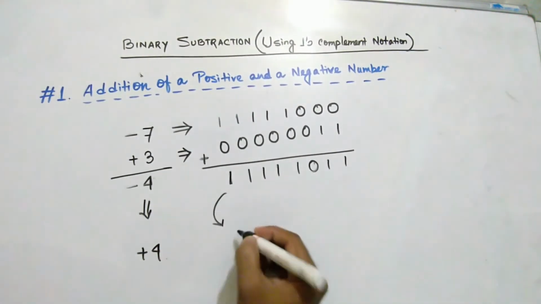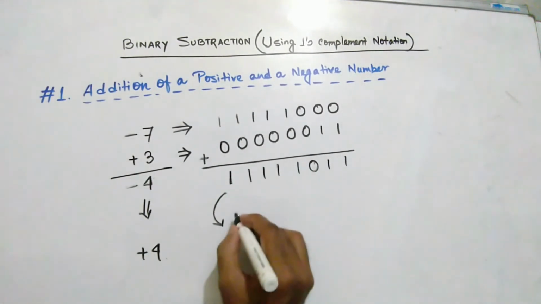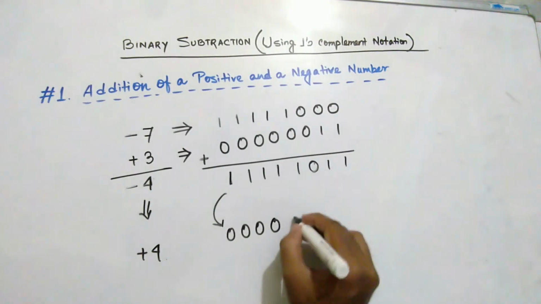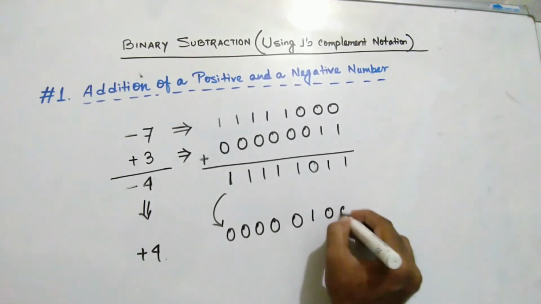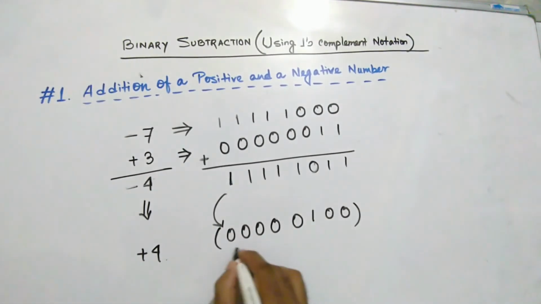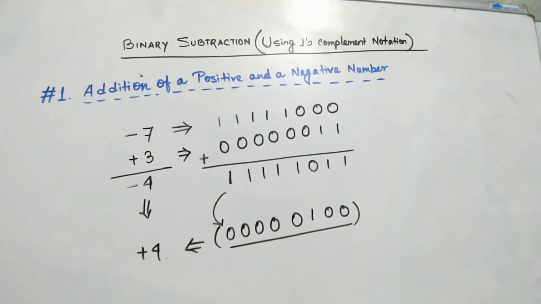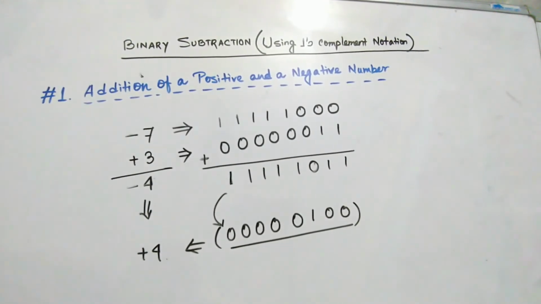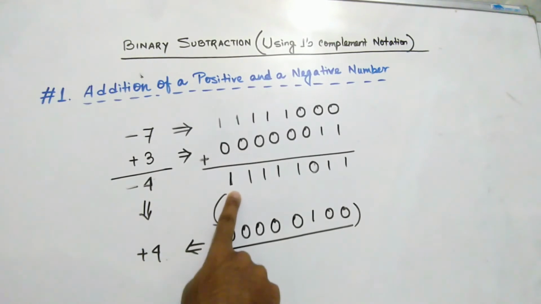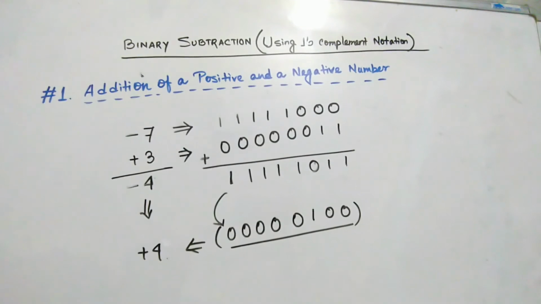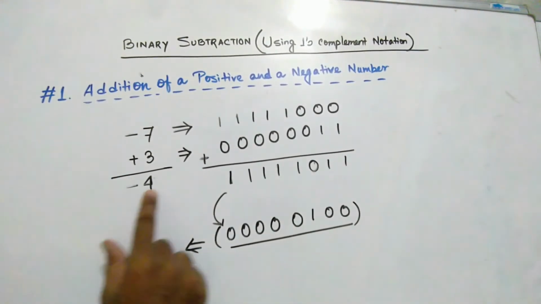It will be 0 0 0 0 0 1 0 0, which is actually equivalent to plus 4. So the answer is exactly correct, as we have got the sign bit equal to 1, since our result should be in the ones complement format. So this is our answer.